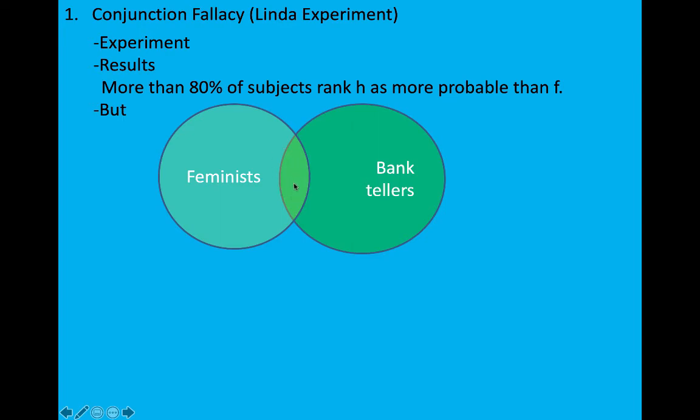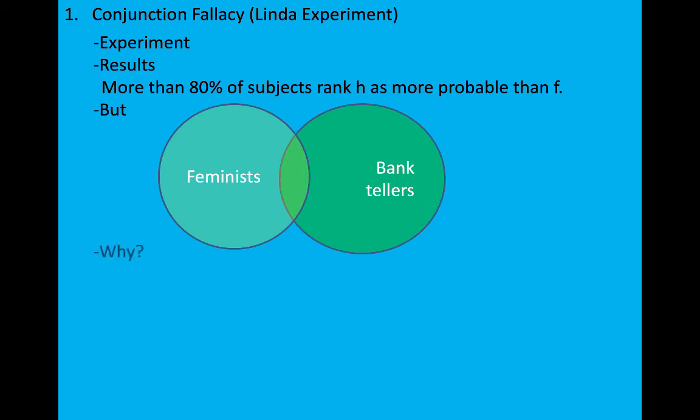So you're saying it's more probable that she's at some particular point in the bank teller space than it is that she's either at one of those points or at one of the other points. Well, that has to be wrong. It has to be more probable that she's either over here somewhere or over here somewhere than it is that she's just over here somewhere. That is, it has to be more probable that you're somewhere or other in the space of bank tellers than that you're in this particular subset of the space of bank tellers. And so it must be more probable that you're a bank teller than that you're both a feminist and a bank teller.